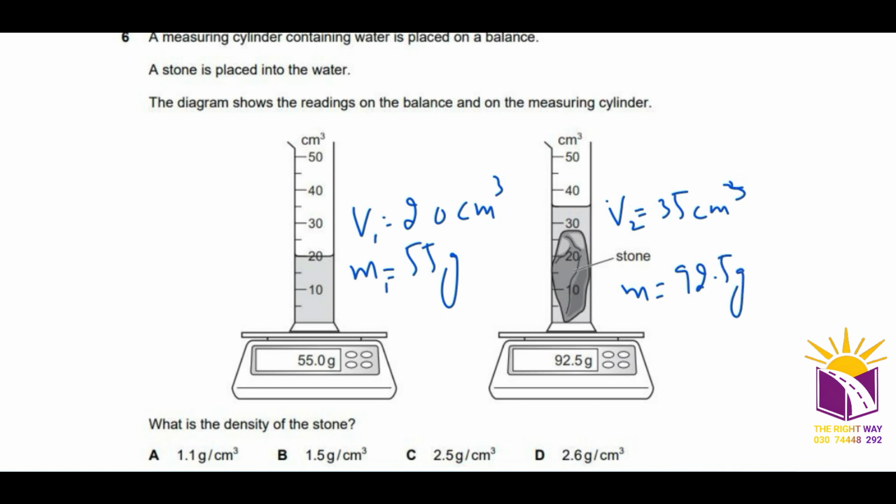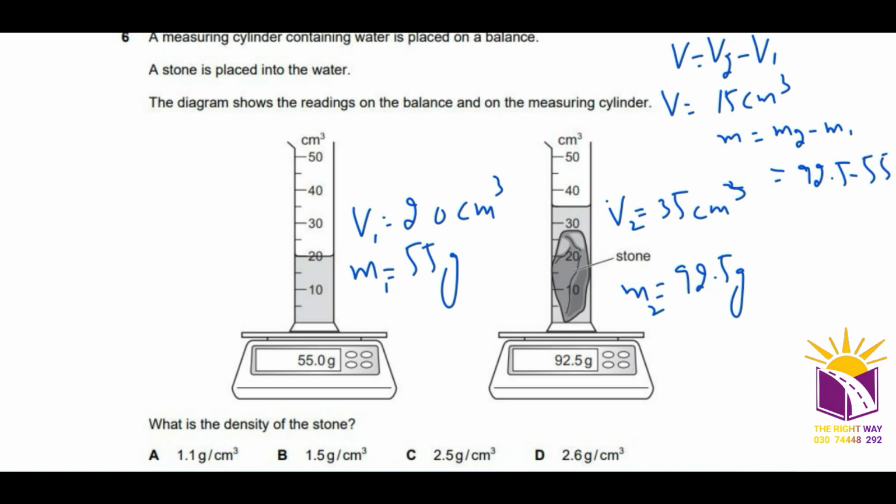So the change in volume is equal to V2 minus V1, which will be equal to 15 centimeter cube, and change in mass will be M is equal to M2 minus M1, which will be equal to 92.5 minus 55, 37.5 grams.